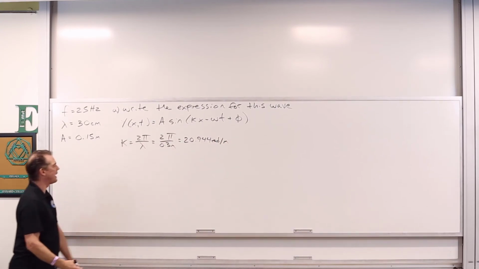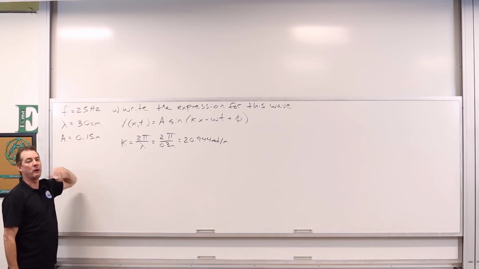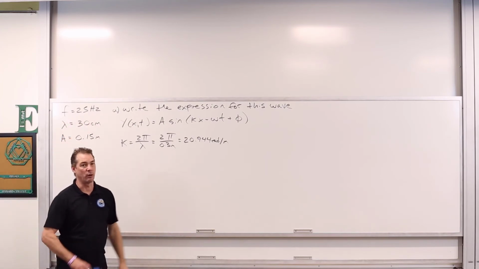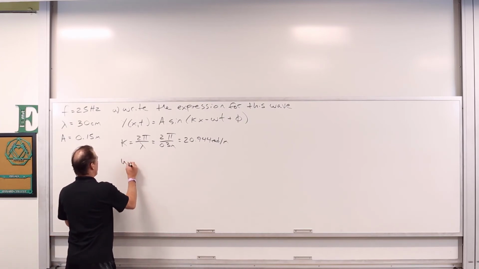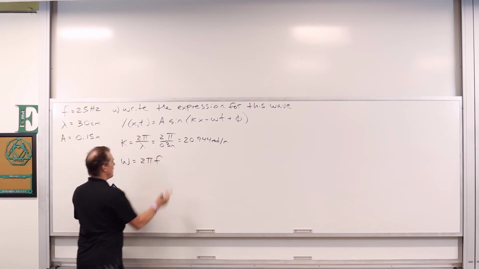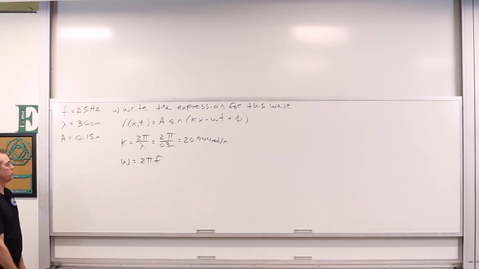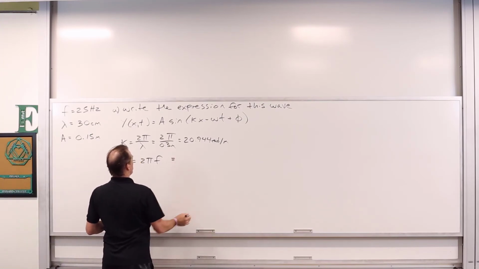Then what about omega? Well, this is not omega. This is the frequency in hertz. We want omega, the frequency in radians per second. So how are they related? Well, omega is equal to 2 pi times f. F is equal to omega over 2 pi, or f is the inverse of the period. So we go ahead and compute this.